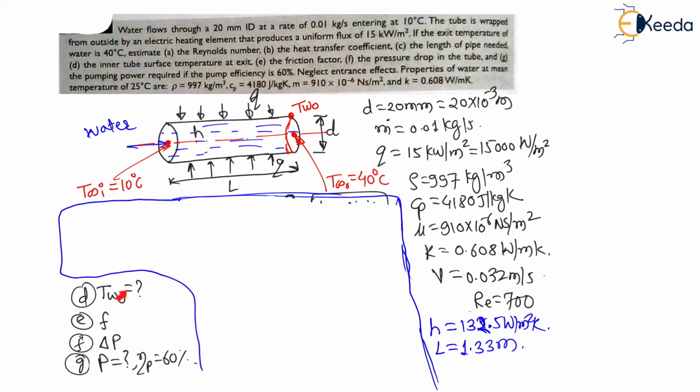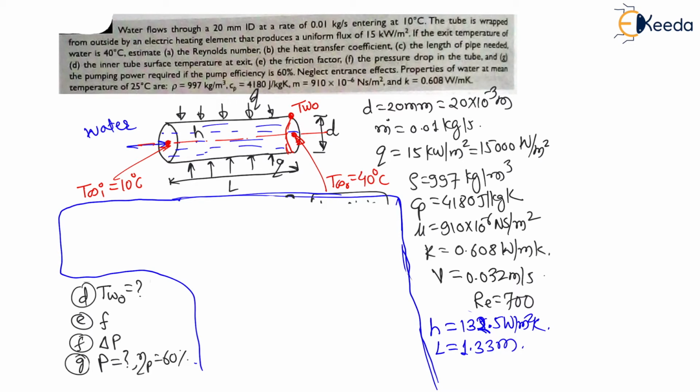Now, my dear students, the fourth question is to find the wall temperature, that is surface temperature at exit, T wall at outlet. On this cylindrical surface, the uniform heat flux of magnitude q is applied. Because of this q, the surface gets heated and the temperature of this surface becomes T wall. Between this wall temperature and this fluid temperature there will be a convection.